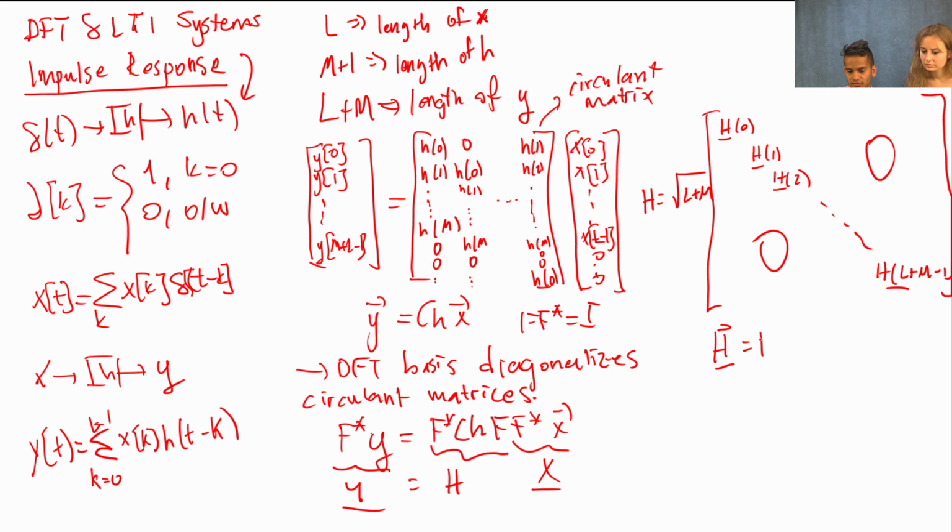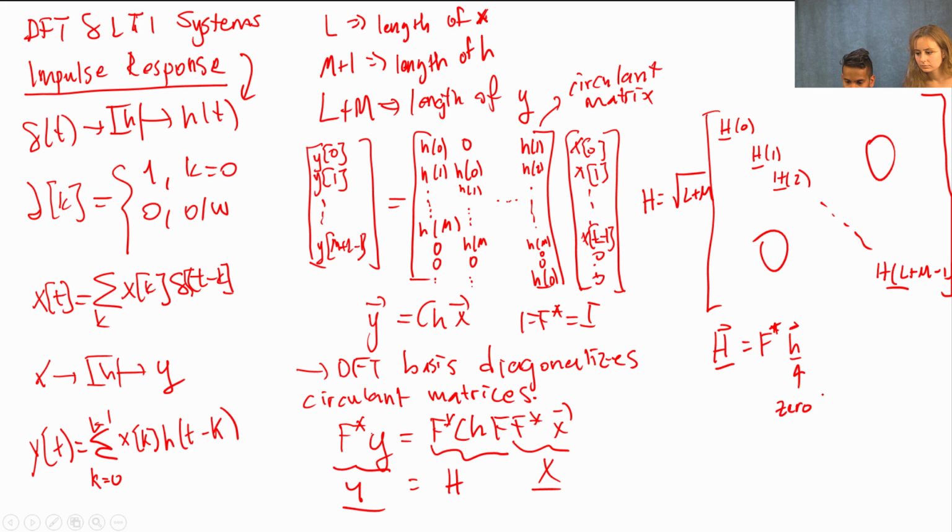This vector is the Fourier transform of my impulse response that I had before. The diagonal entries are literally the Fourier transform of the original impulse response we had, so we save so many steps by doing it this way. Sorry, this should be the zero padded version.